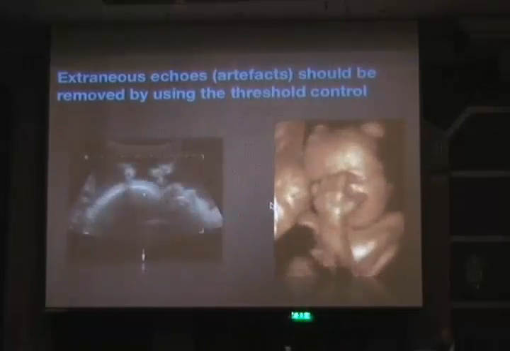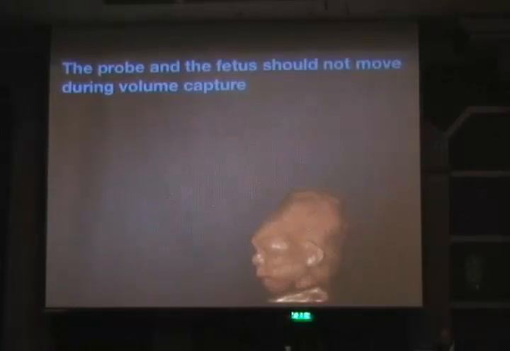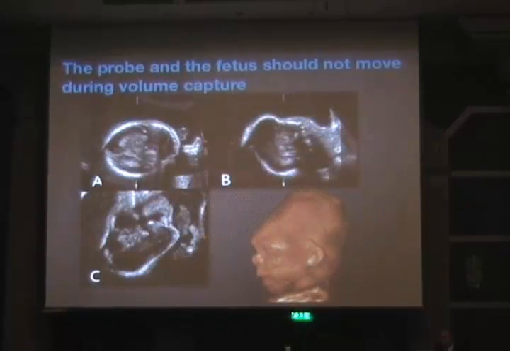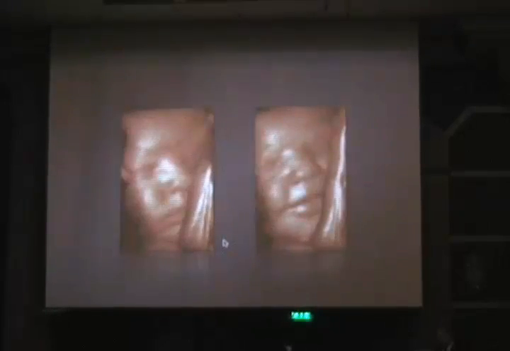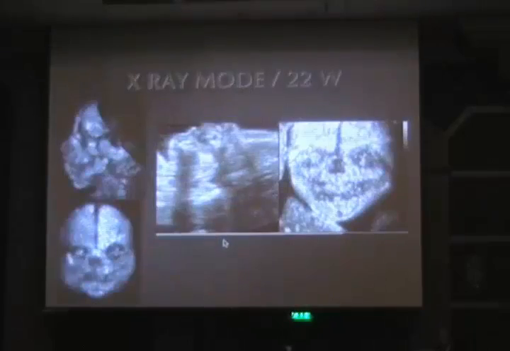The 3D sometimes has this image. This image is not a malformation, it's just the baby who has moved while you are taking the volume. Now you have this kind of image. You can have surfacing, and at the same time you can have the profile on the left and on the right on the same image, on the same volume.